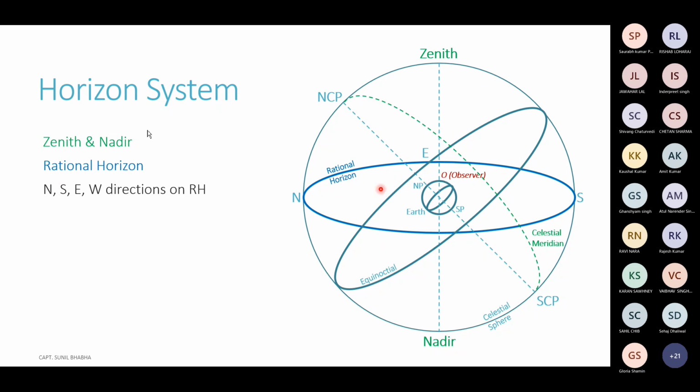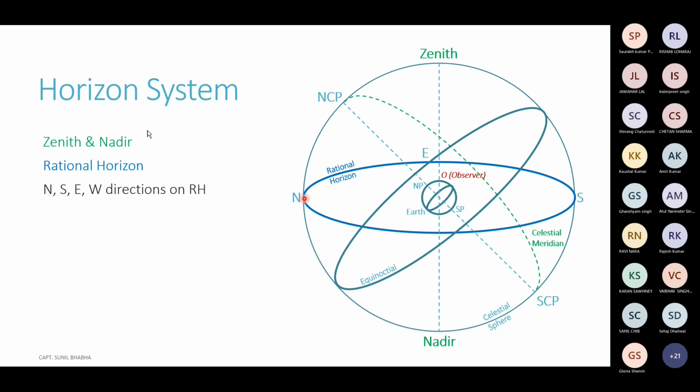The observer is here looking at the north direction, which is at this particular location. From north, going in the right direction by 90 degrees, this reference point which we have on the horizon is the east point.